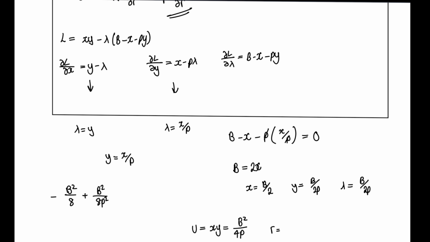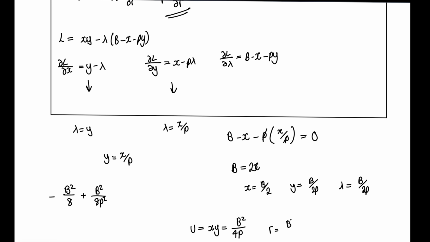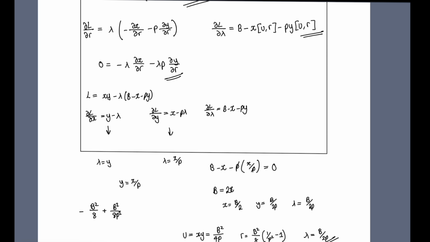And this can be written as b squared over 8 times 1 over p squared minus 1. And then lambda will stay the same. Lambda is still b over 2p. Cool. So that was the end of this tutorial.